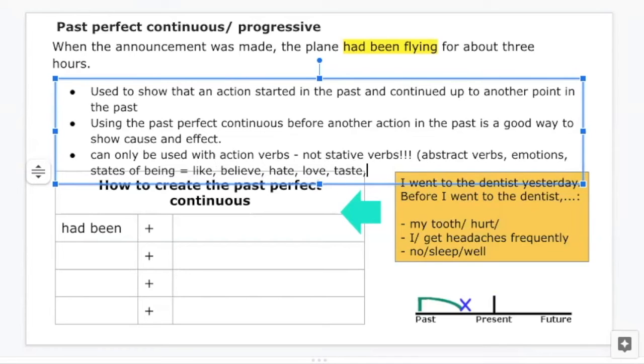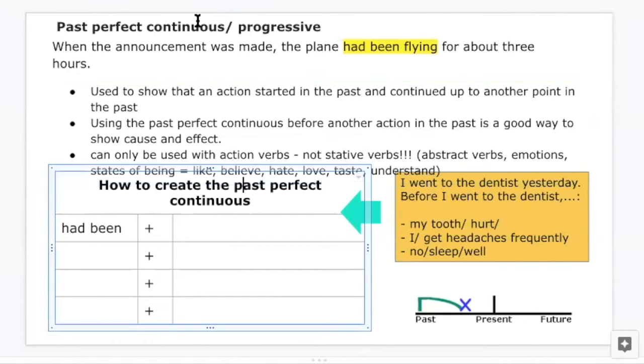Yeah, exactly. And understand. Or watch, see. Believe is also, yep. Good. So these are the types of verbs that we don't normally use in this type of tense.